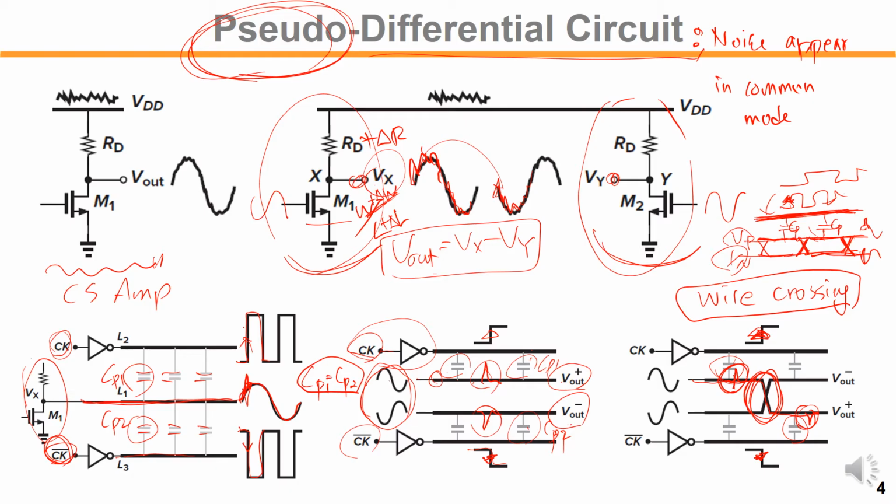So it is important to take out the noise influence on the circuit, even with the common mode. This kind of pseudo differential circuit is sensitive to device matching. This is its negative point.